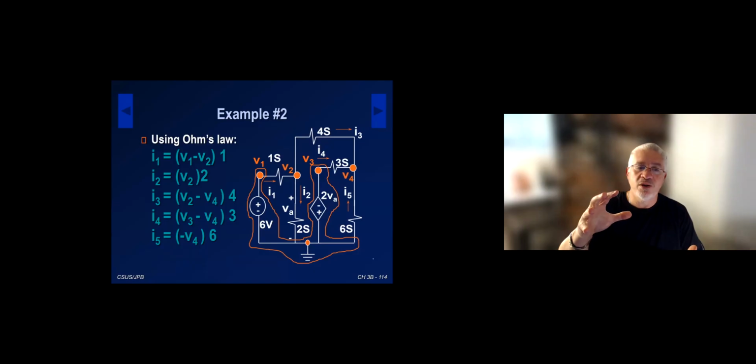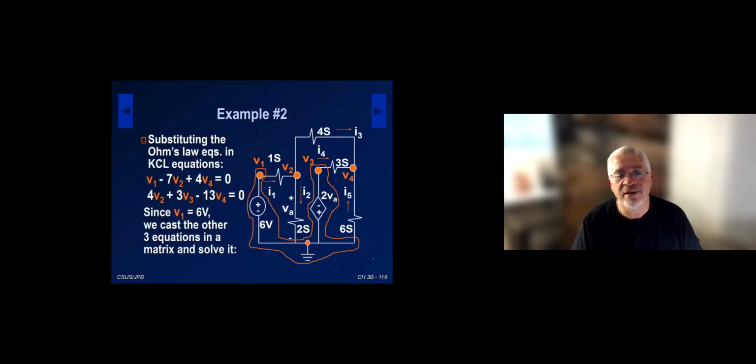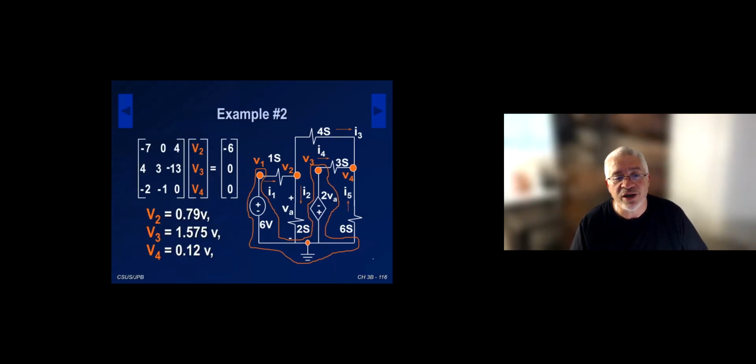We take those 5 Ohm's law equations, bring them into the KCL equations, collect terms, and then we find ourselves with this set of equations, and we can calculate V2, V3, and V4 because V1 is known. It's equal to 6 volt. Okay, so that's the essence of this problem.